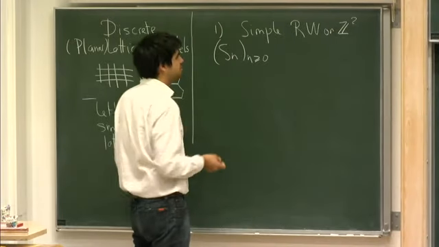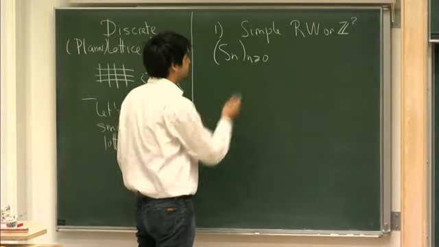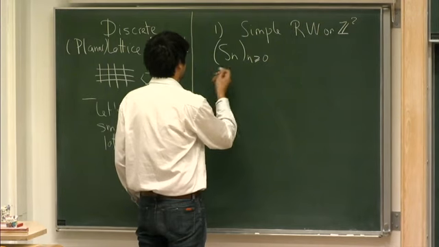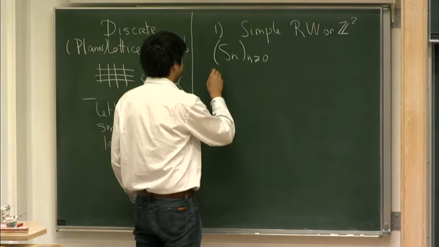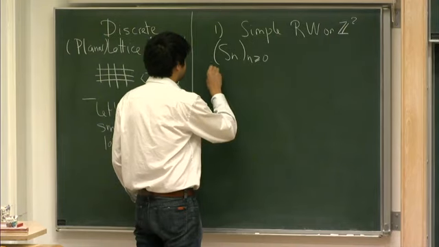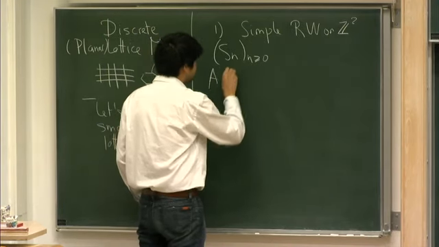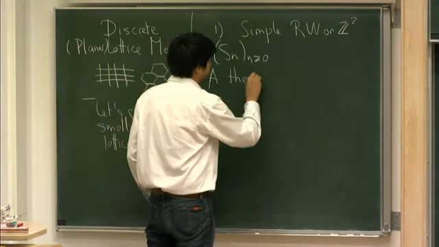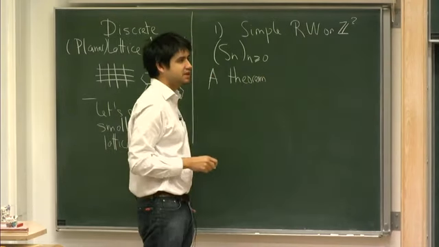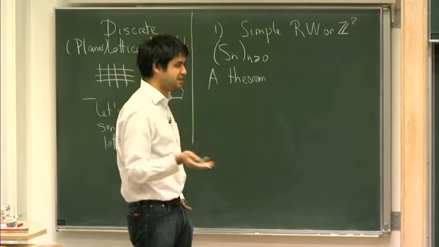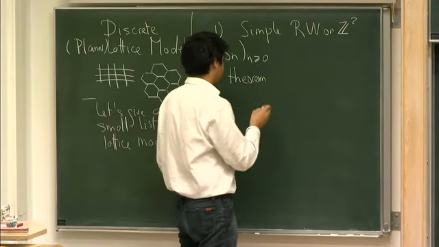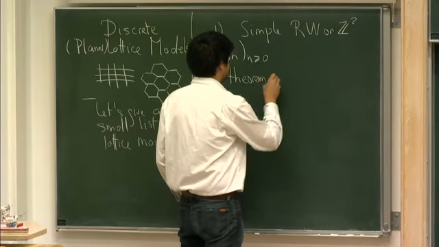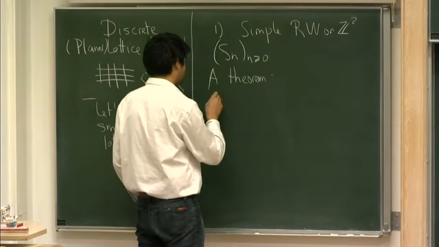So one fact about simple random walks on Z2. A fact, a theorem, which we are not going to prove, but it can be proven with SLE techniques that Vincent is speaking about. I hope I stated correctly.